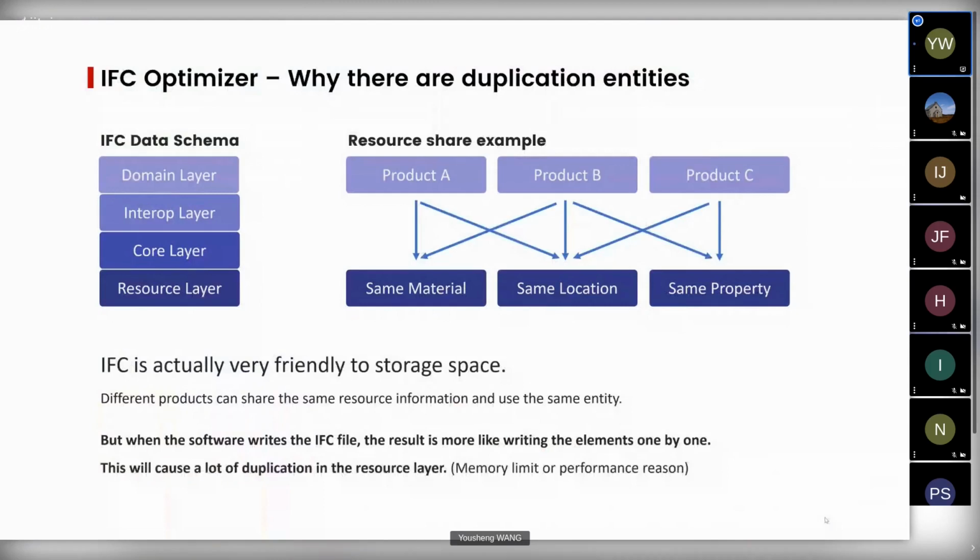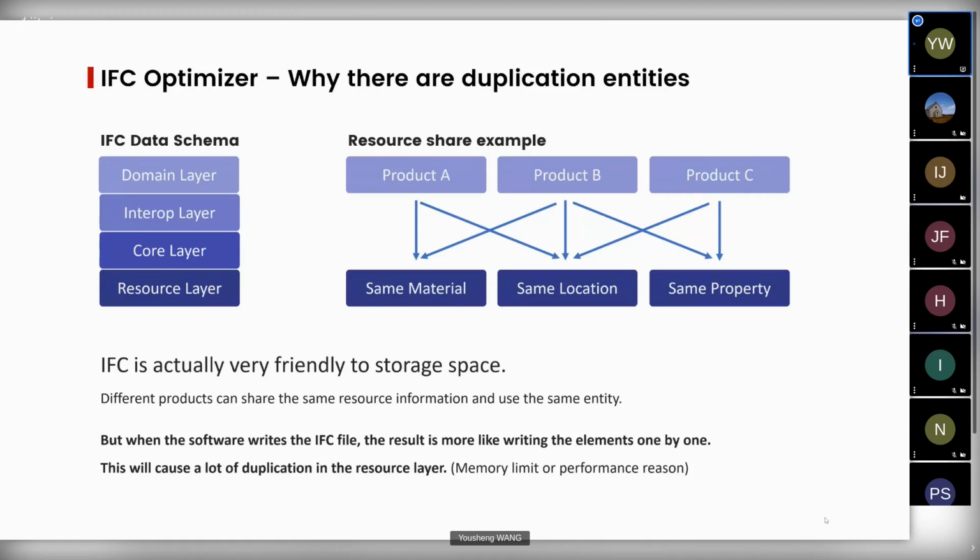First, we need to know why there are duplicate entities in IFC files. Theoretically, with the IFC data schema, different products should be able to share the same resource information and use the same entity, like product A and product B can share the same location.